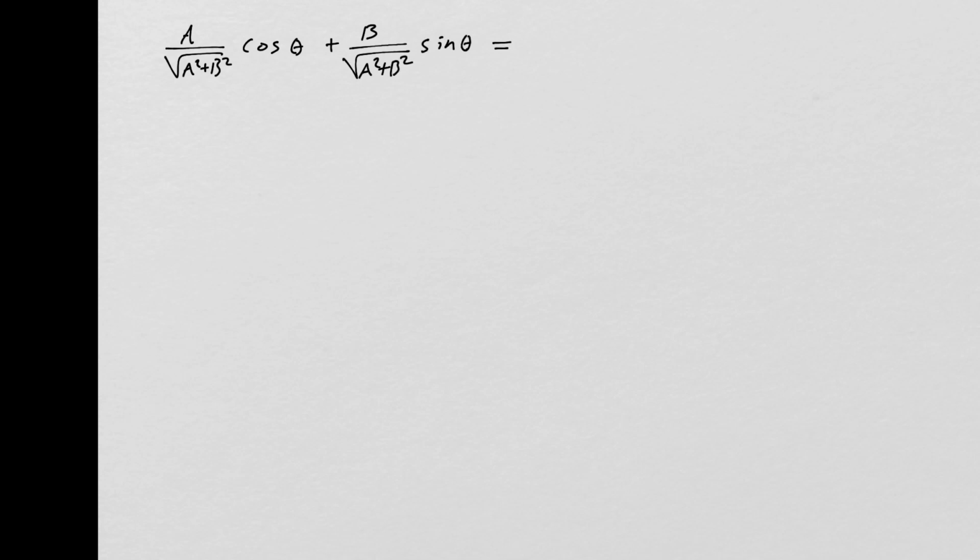Like this. And now we can rewrite this as cosine of phi. Oh, we have to remember that on the outside we have the other square root of a squared plus b squared. So I have here the square root of a squared plus b squared again.